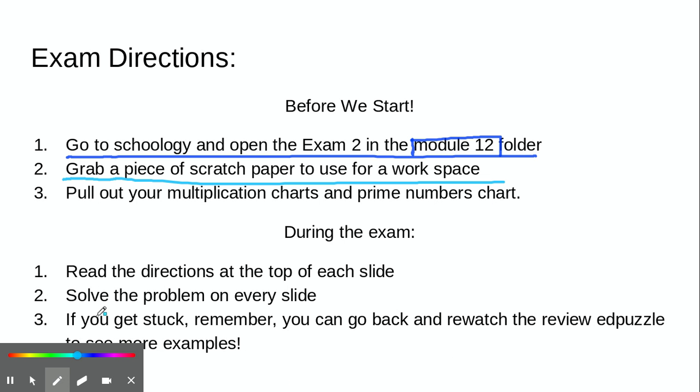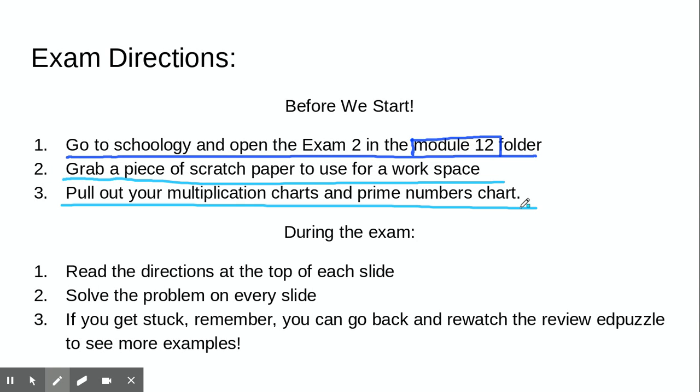And then lastly, step 3, we will pull out your multiplication chart and prime numbers chart. And I know it's not on here, but please find a quiet spot with no distractions to work on this exam. It will benefit you greatly, and you'll find that you spend a lot less time when you have fewer distractions.